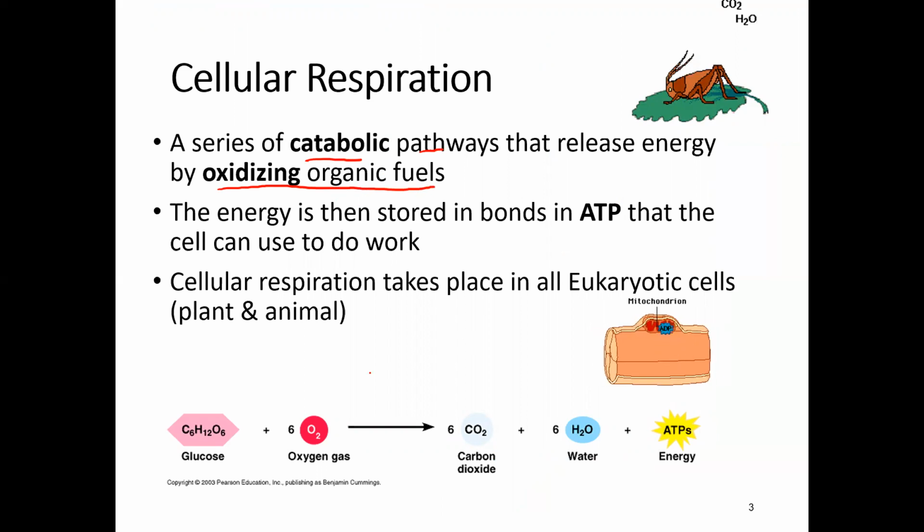When we talk about oxidizing, we mean that oxygen is going to rip electrons off an organic fuel like glucose to make usable energy in the form of ATP. This takes place in eukaryotic cells like human cells. We're going to talk a little bit about bacteria later on.